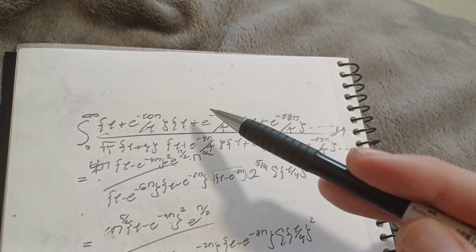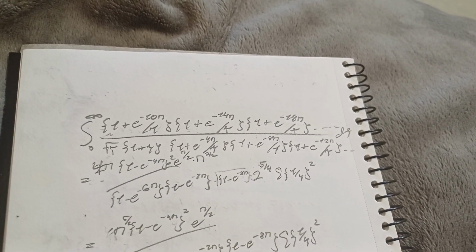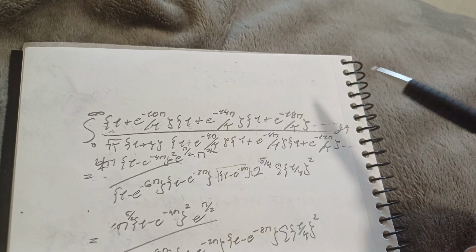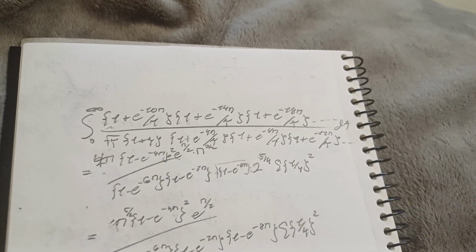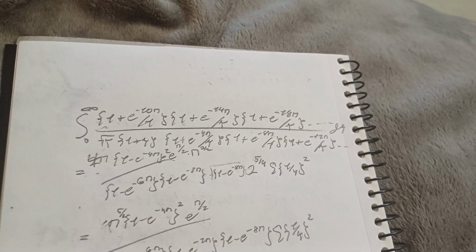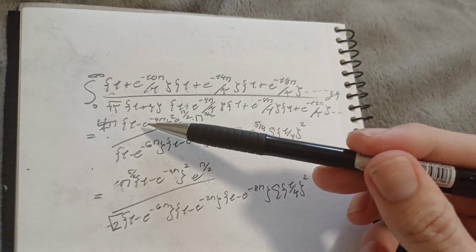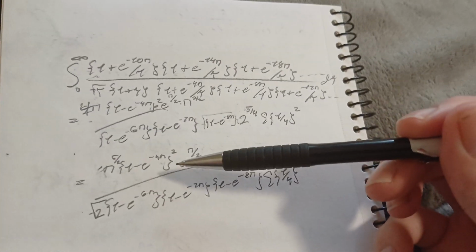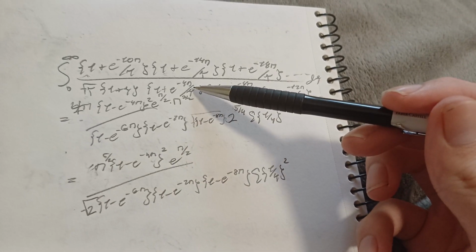And you can see that this is not a power of 4, but it is 2 times 7, 2 times 9, and so on. So it's like 2 times an odd number, starting from 5. And the interesting part is, why is 1 minus e to the power of minus 4 pi squared?